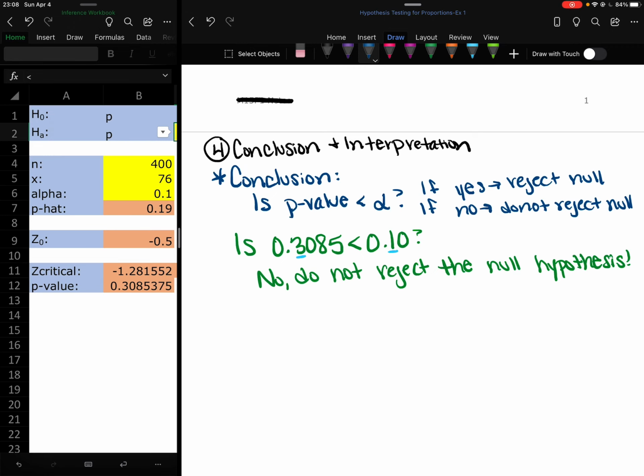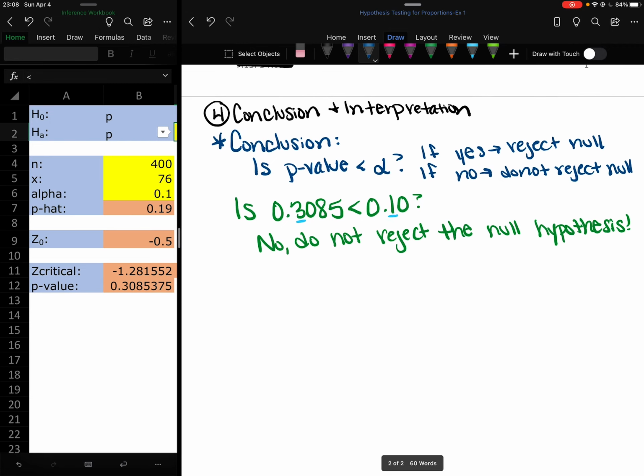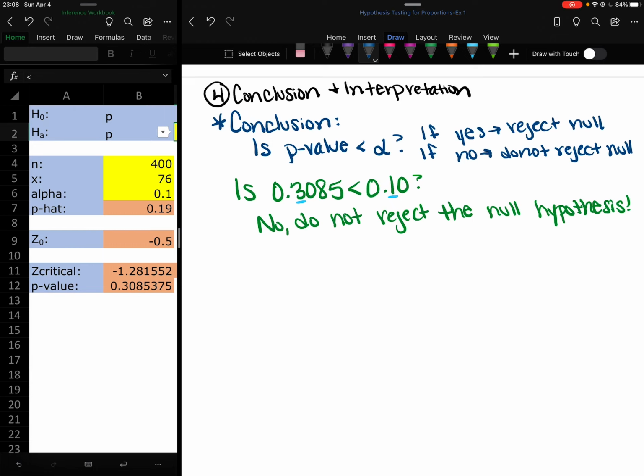The second step to part 4 is to take this conclusion and write out an interpretation. We want our interpretation to be detailed and give context to the original problem.